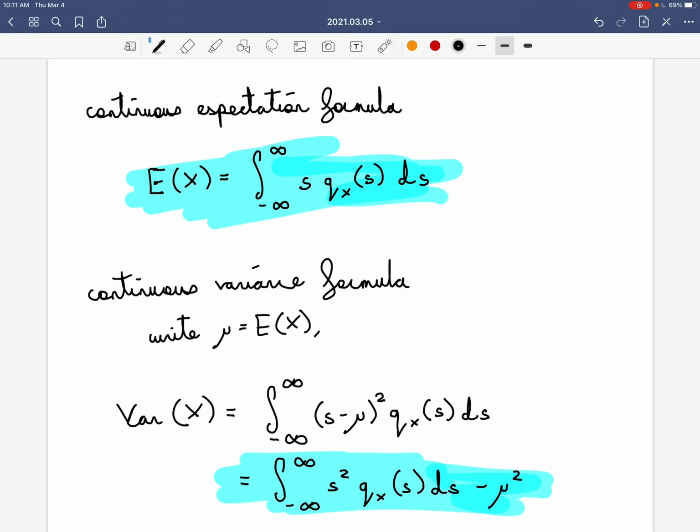But I'm not going to really try and sell you on the idea that at this level in an introductory probability course, it's clear why this continuous expectation formula is the right analog of the discrete expectation formula. But hopefully you can understand what the continuous expectation formula means.